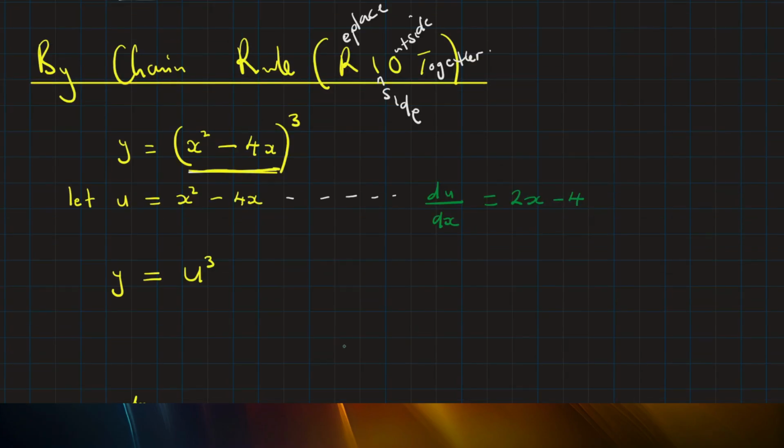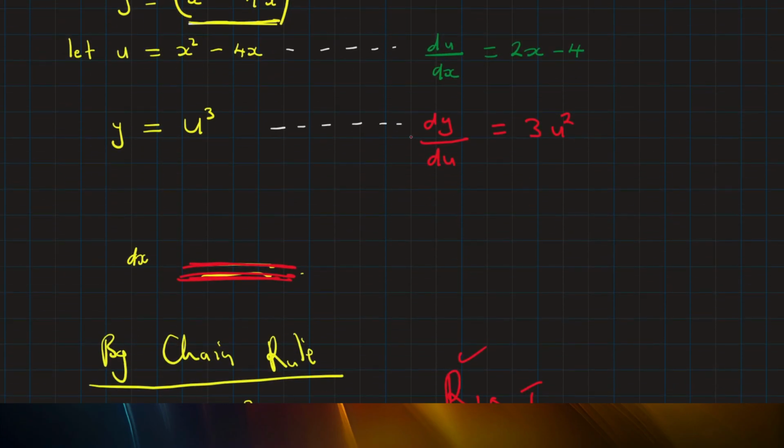Now this is the outside, so I'm going to differentiate the outside, and it's going to give me dy over du is equal to, if I differentiate that by power rule, 3u squared, right?